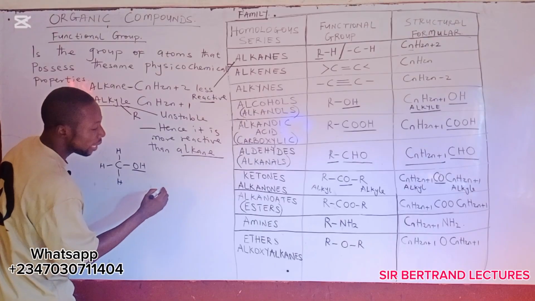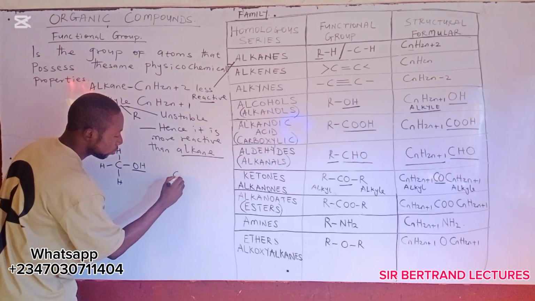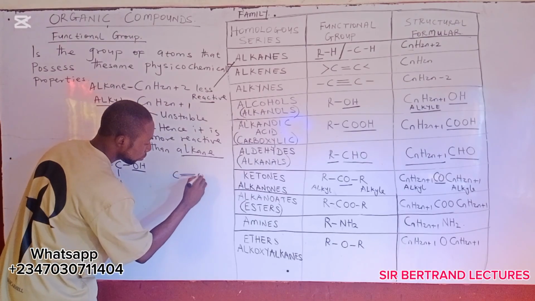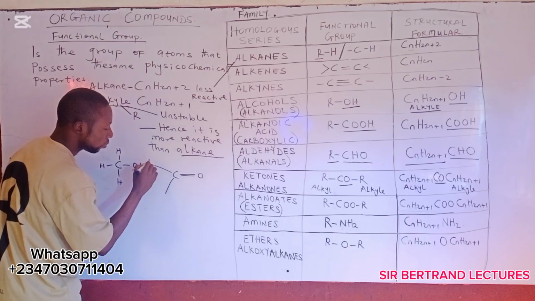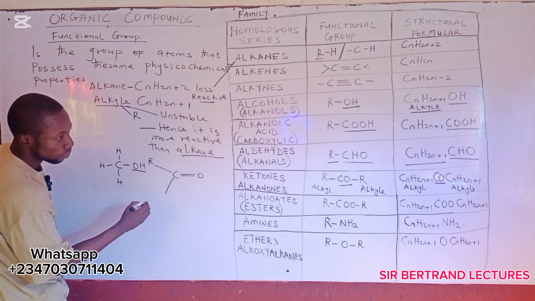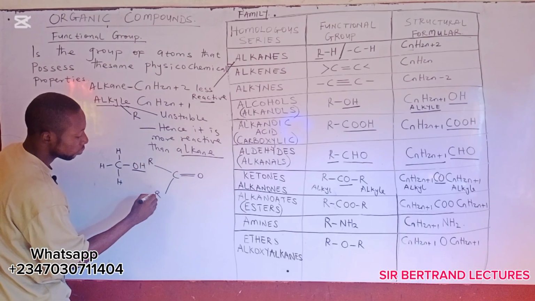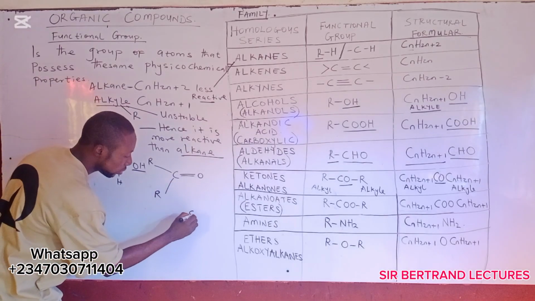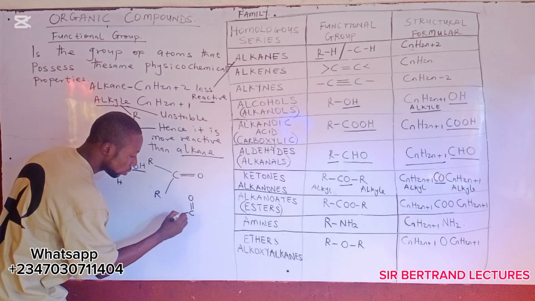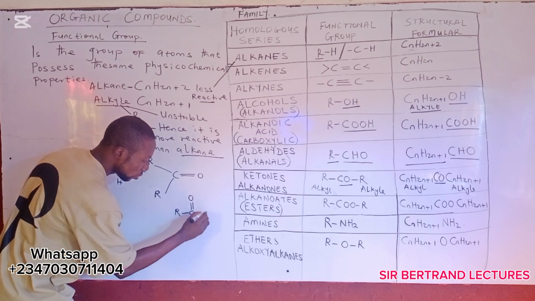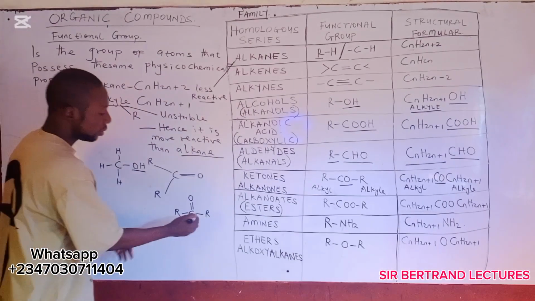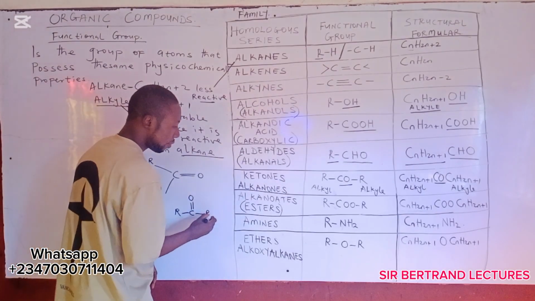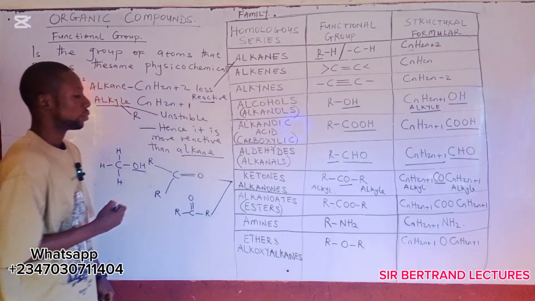You can write this group like this. You can also write it like this. This is the family of ketones.